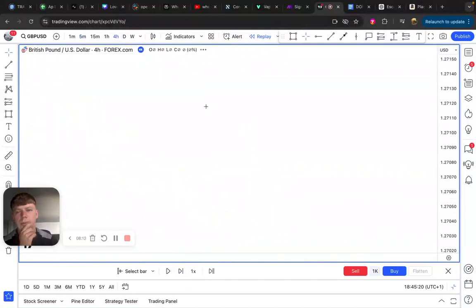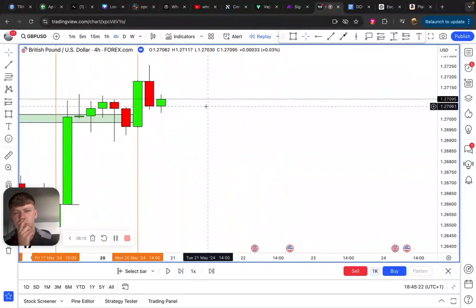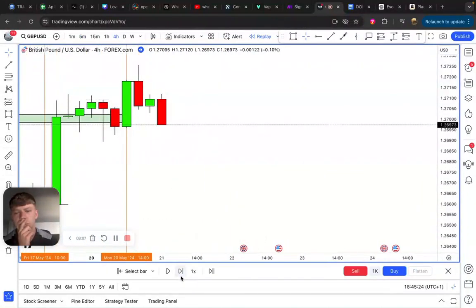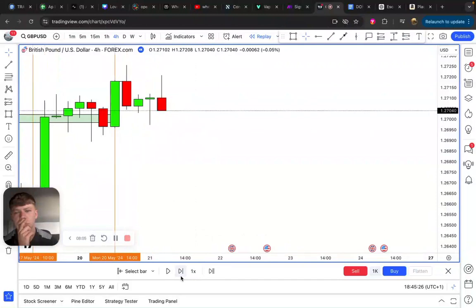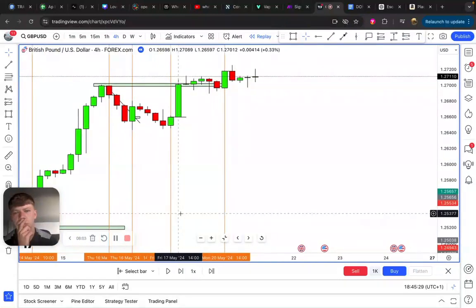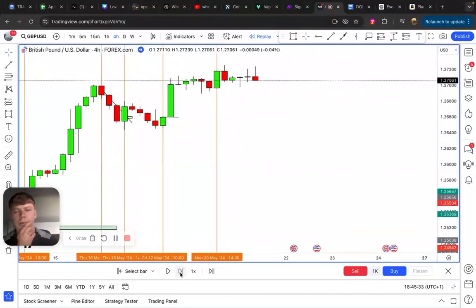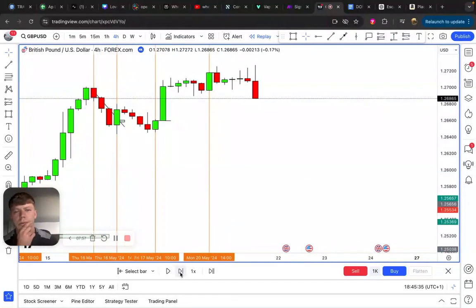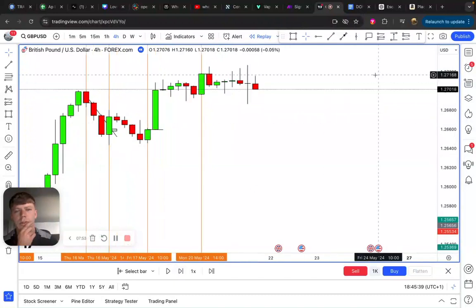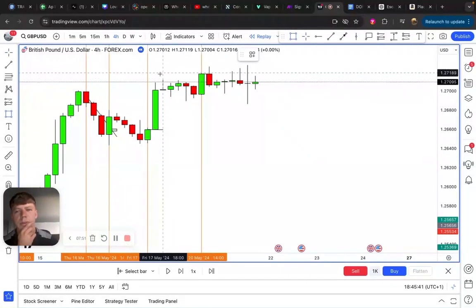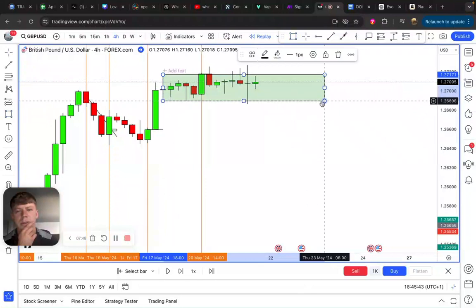Awful. Truly awful. Horrible structure. Horrible. Awful. This is just one big area of consolidation here now.